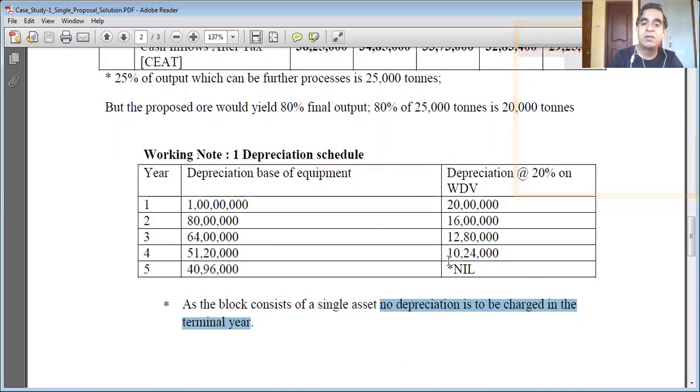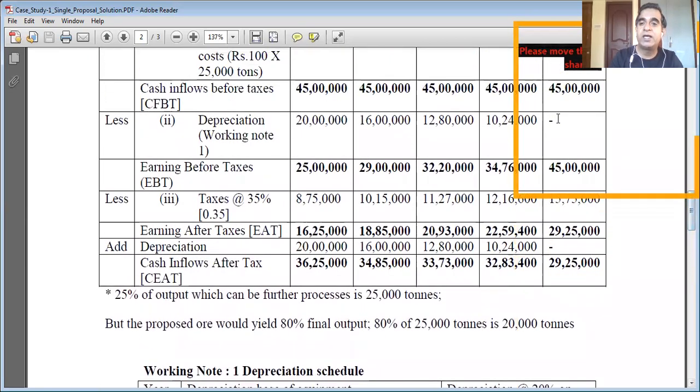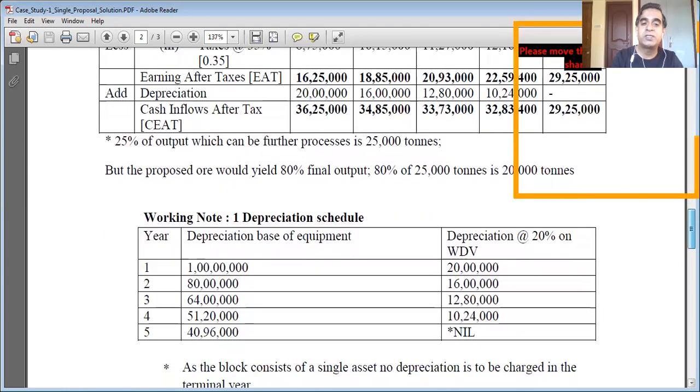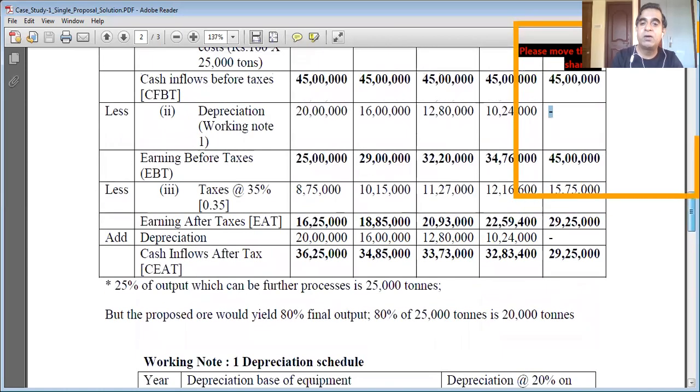Please remember, depreciation in the terminal year or last year of the life of the equipment will not be charged. It will be nil. That is the reason why in the fifth year we have kept it blank. I hope, students, you understood how to calculate the depreciation schedule with written down value method.